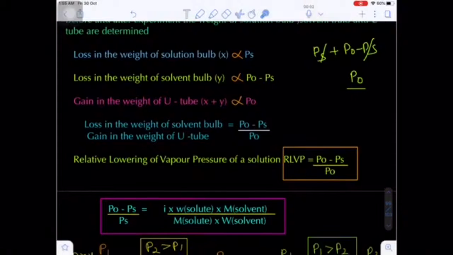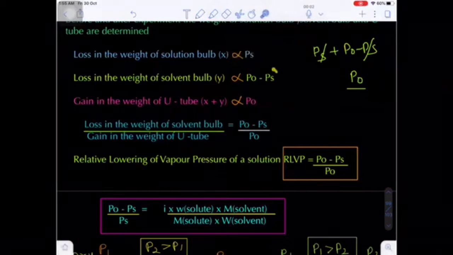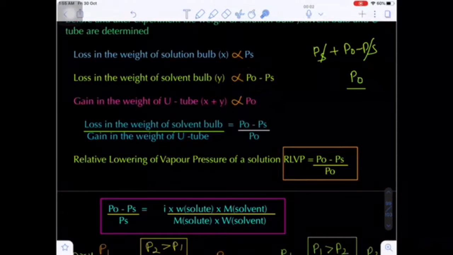Now here, I am taking the ratio. What is the ratio I am taking? I am taking the ratio of the loss in the weight of the solvent bulb divided by the gain in the weight of the U tube. What is the loss in the weight of the solvent bulb? That will be nothing but P naught minus Ps. And what is the gain in the weight of the U tube? That will be proportional to P naught.